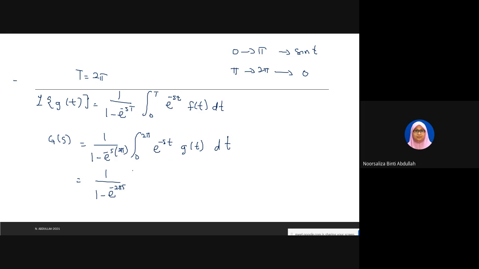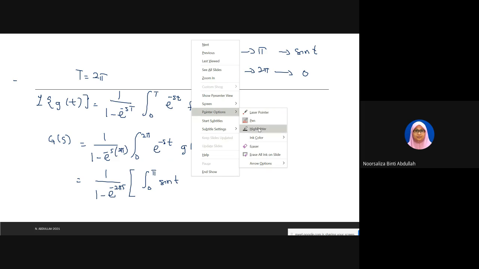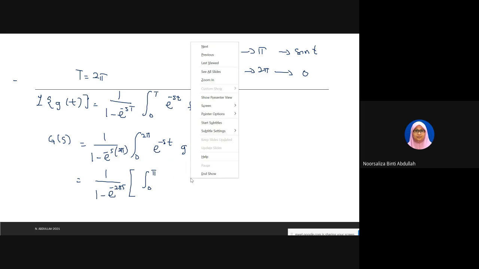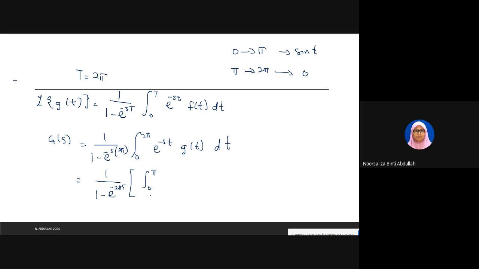So you have two integration. 0 to pi, you ada exponent minus ST times sin t, and then you plus another one, pi to 2 pi exponent minus st times 0, dt.